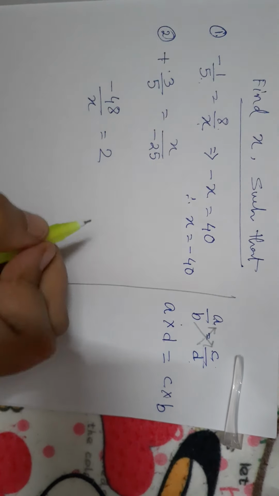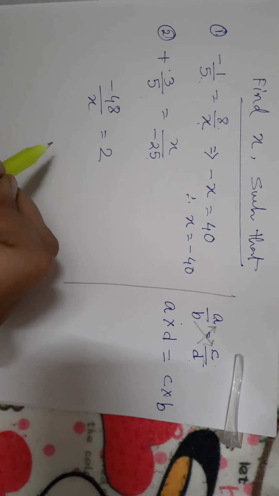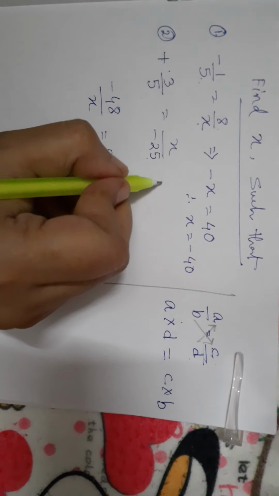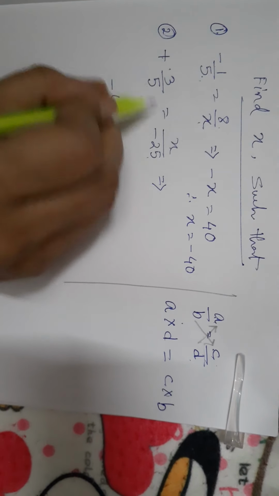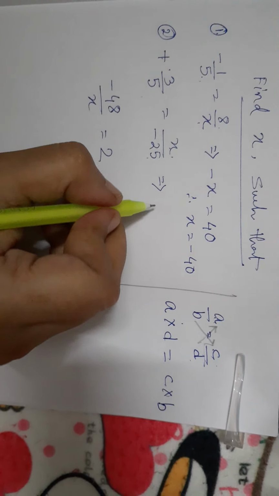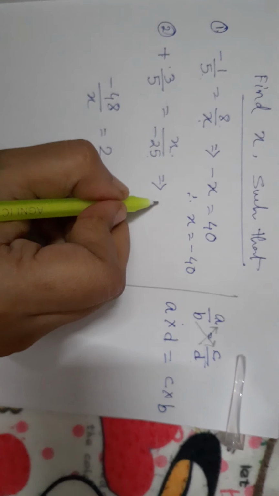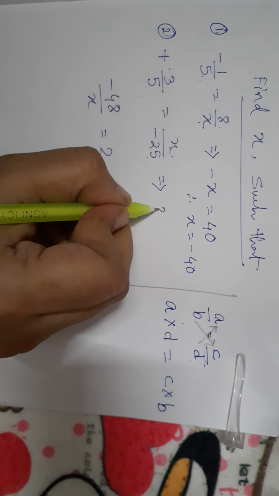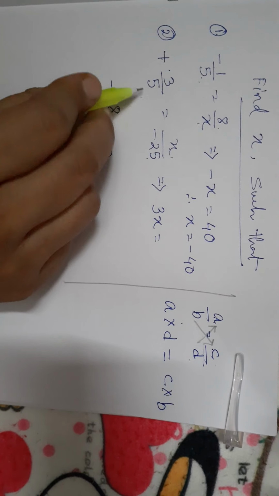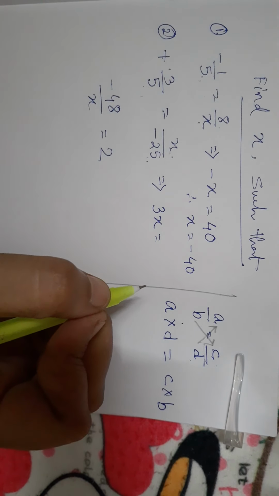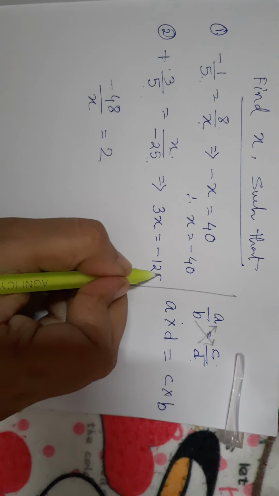Similarly, question number 2, it is given 3 by 5 equal to x by minus 25. So for this one we can write x into 5 equal to 3 into minus 25. So we can write 3 into x, that means 3x equal to 5 into minus 25, that means minus 125.